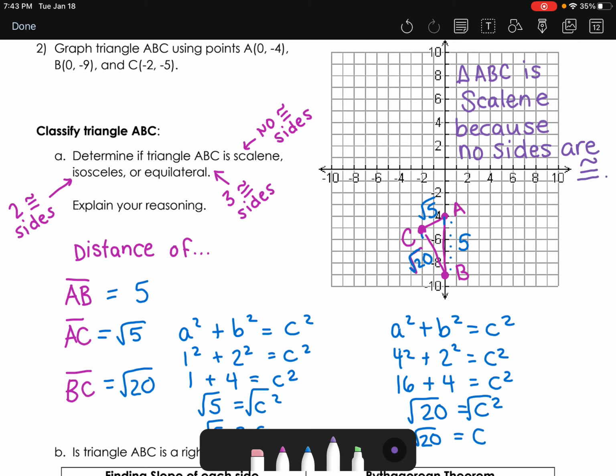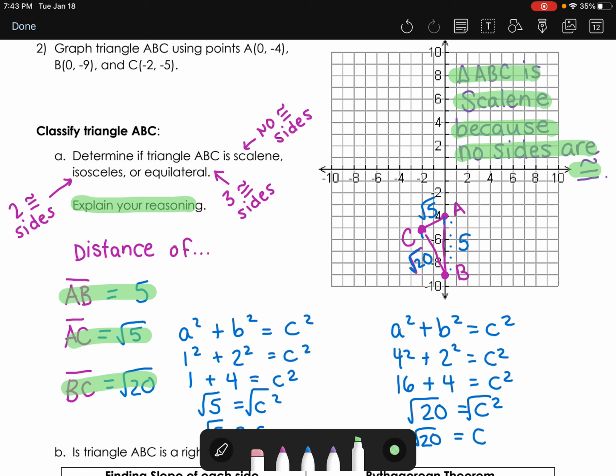No sides are congruent, no sides are equal. You could say all the sides are different. That means the same thing. I'm going to highlight that because that's my final answer. That's explaining my reasoning. We're proving it. It's scalene because I'm able to explain it, and all that math proves it. All this math over here just proves it because all sides are different. No sides are congruent. So now we've classified this triangle.